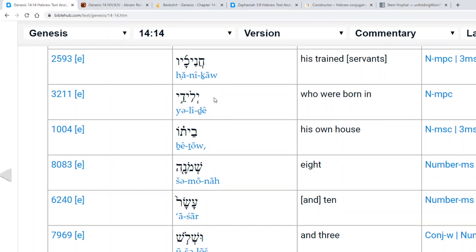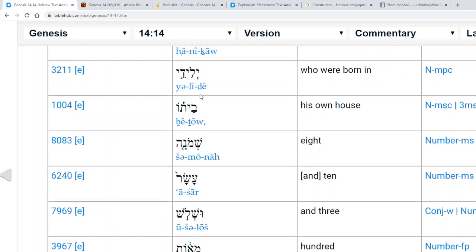But how you get there is a little bit different. Two of the radicals are clear. What the third is, I would actually say is Vav Lamed Daled, because that Yud there is part of the conjugation, turning it into a noun.